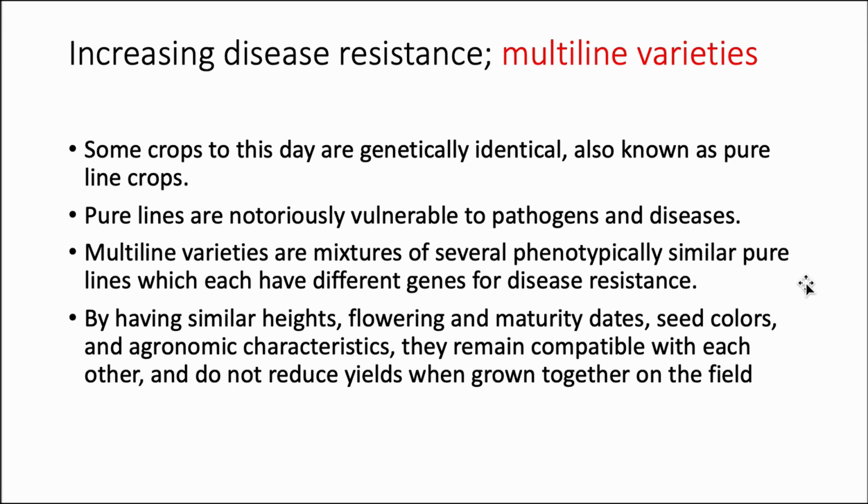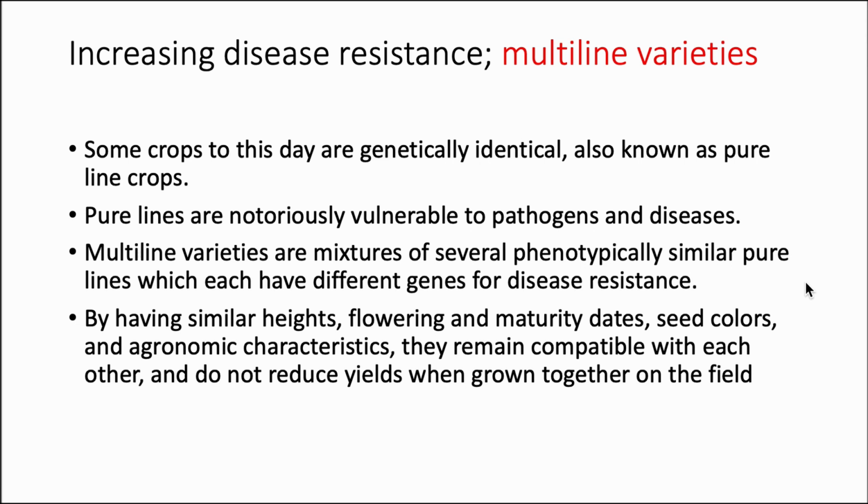So he had this field of wheat that was multi-line that had these different individuals that would mature at different times. So it wasn't just as easy as coming up with multi-line varieties. He had to come up with multi-line varieties that were phenotypically similar.